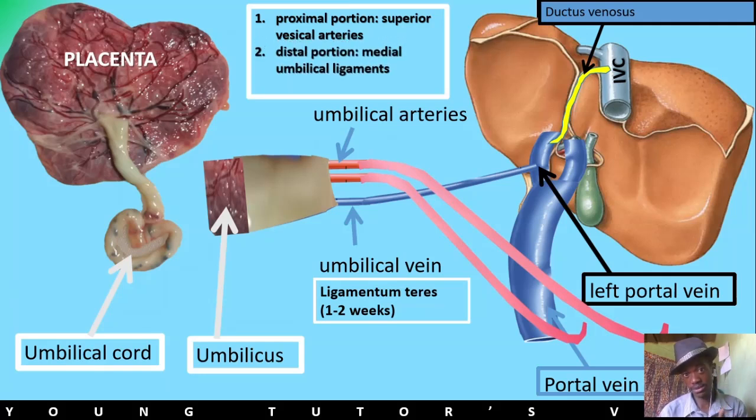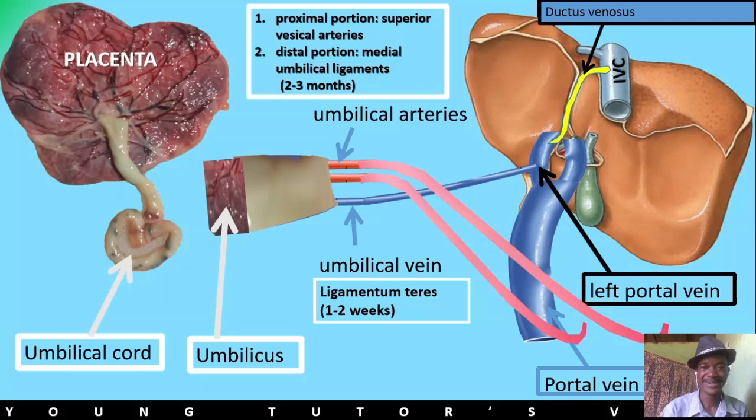So the process, as I said, takes longer in these because of low supply from the internal iliac arteries, the anterior branch. So it will take 2 to 3 months for the umbilical arteries to completely change from being vessels into medial umbilical ligaments.